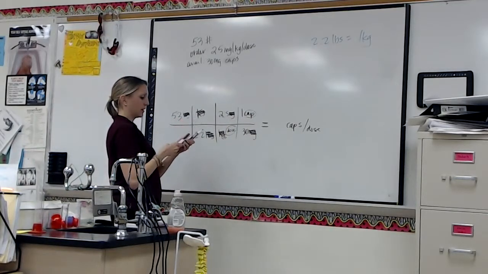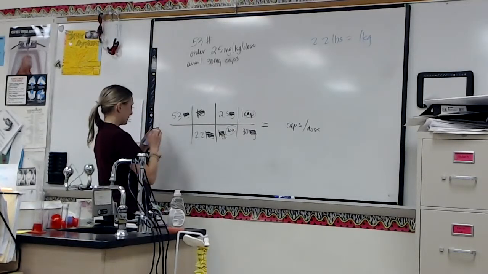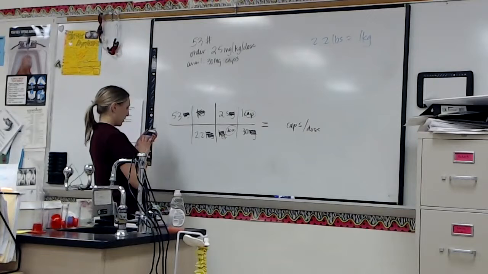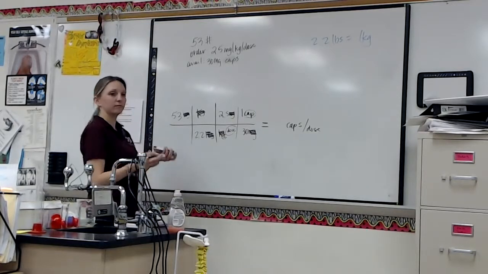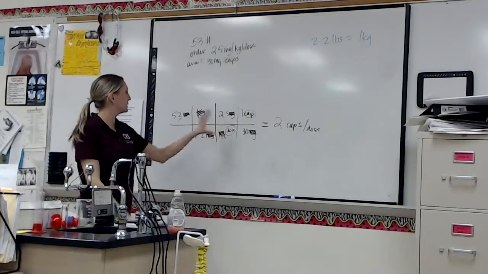I can get my calculator to work. It's not working right now. Okay, so if I multiply straight across, 53 times 2.5 divided by 2.2 divided by 30 gives me 2. Okay, so that's how you can do this in one big step.